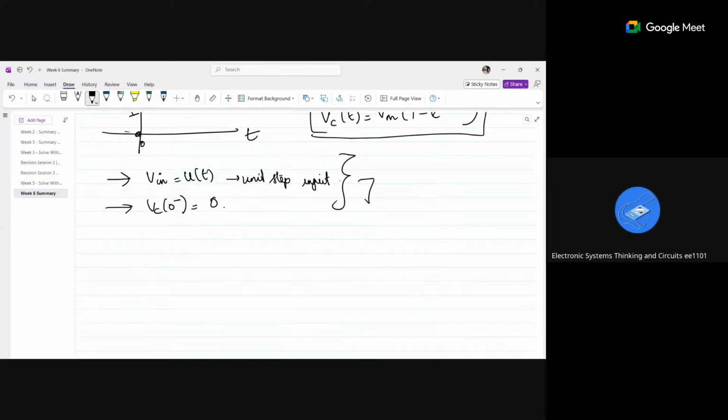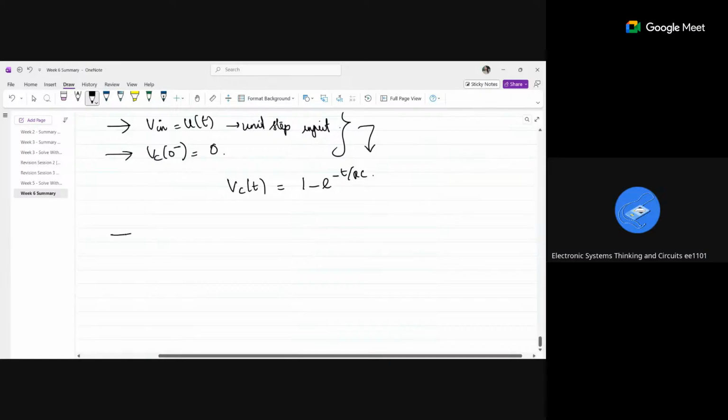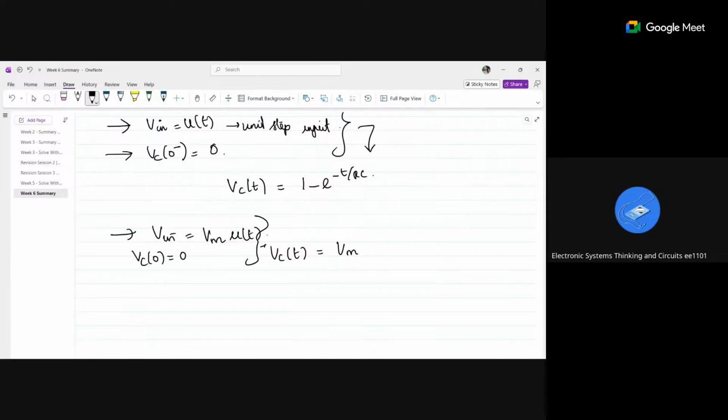Under these two conditions, my Vc of t is equal to 1 minus e power minus t by RC. If my Vin is equal to some Vm u of t, my Vc of t will be Vm times (1 minus e power minus t by RC).